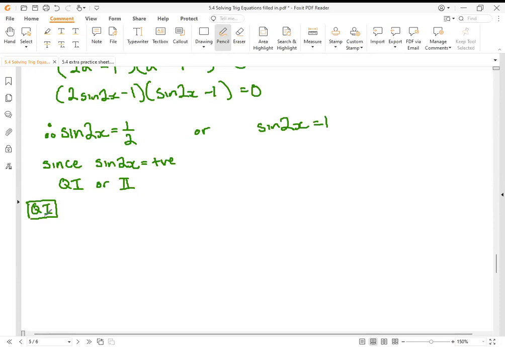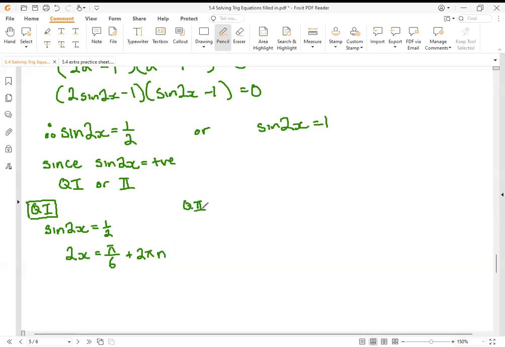The acute angle for quadrant 1 would mean, since sine 2x equals positive half, 2x must be pi over 6. And of course, because we're dealing with a circle, it could be multiples of 2 pi n.